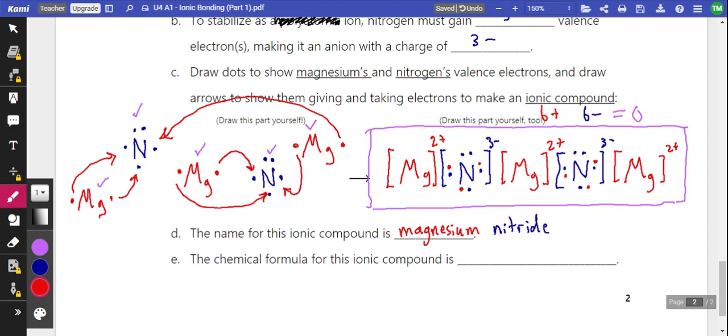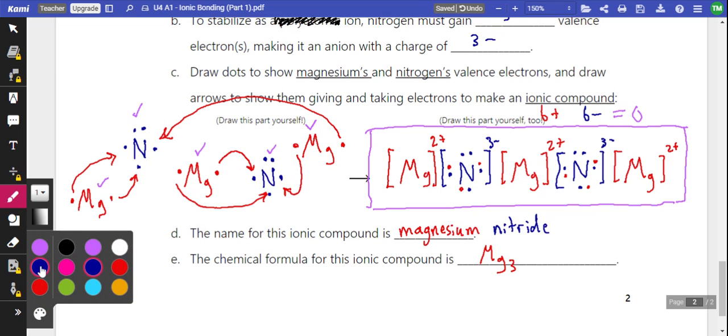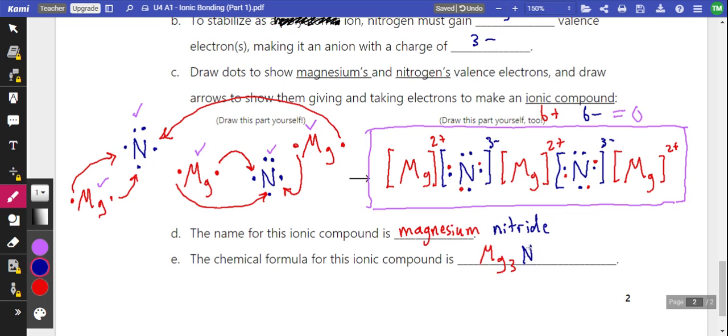The formula also starts with a cation, Mg. We needed 3 of them to get this formula to work. So down in the little subscript, I'm going to write a little 3 here, to say that we had to use 3 of them. All right, and to cancel out that charge and to get everything happy, we needed 2 nitrogen ions, 2 nitride ions. So I'm going to put a little subscript 2 down here to say that I needed 2 of them.